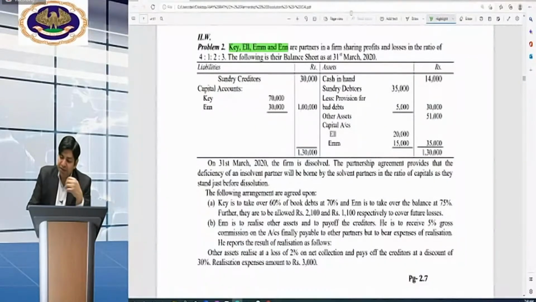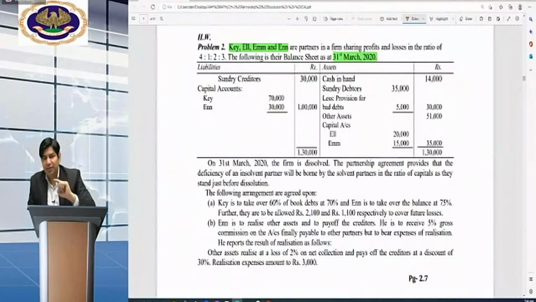The balance sheet is as at 31st March 2020. Instead of writing, now please start your calculator. I have already uploaded the handwritten solution. Okay, beta? We will cover from there, for this question only. So this is the balance sheet.